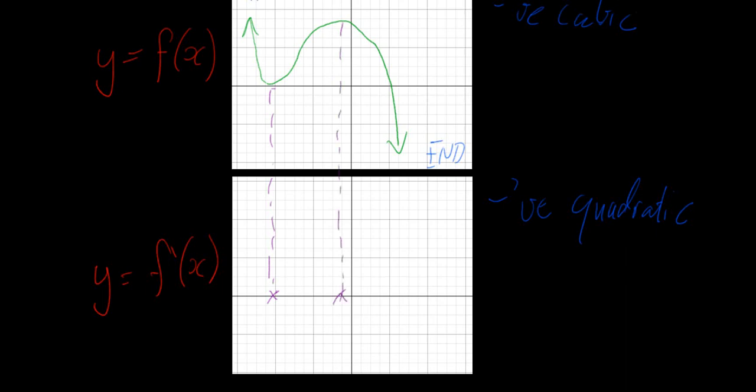Okay, so if you have 2 points and you know that it's going to be an upside down parabola, you can now actually begin sketching. So upside down, passing through these 2 points. Okay, just redo that. I've seen better parabolas in my life, but it'll look something like this.